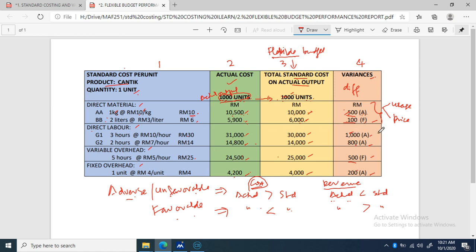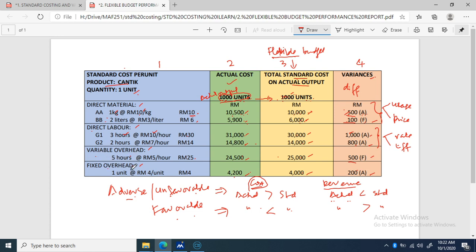Okay, same goes to the labor. So why is there a difference here? Maybe because of hours. Hours means the efficiency of the labor. And maybe it changes because of what? Maybe because of the rate. So there is a rate variance, there is an efficiency variance. Same goes to variable overhead and fixed overhead.